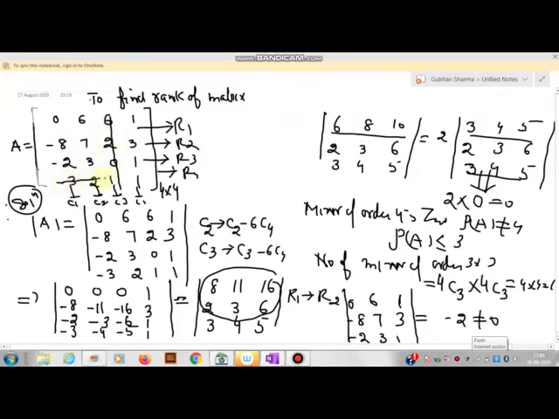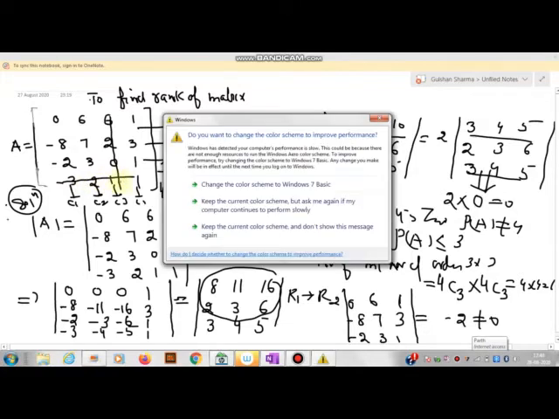I have eliminated row R4 and I have eliminated column C3. But how will you understand that I have to take this minor? There is no formula to decide which determinant is non-zero and which is zero. So we have to take them one by one. So the simple method is that I will fix row R4.